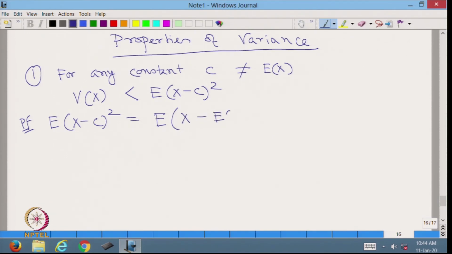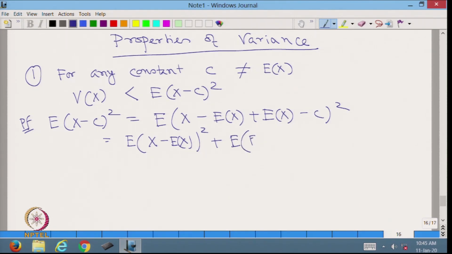x minus expected value of x plus expected value of x minus c whole square, which is equal to expected value of x minus expected value of x whole square plus expected value of x minus c whole square plus 2 times expected value of x minus expected value of x into expected value of x minus c.